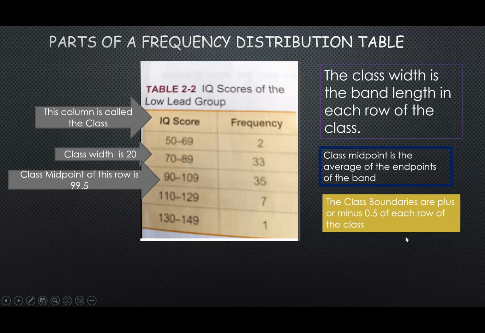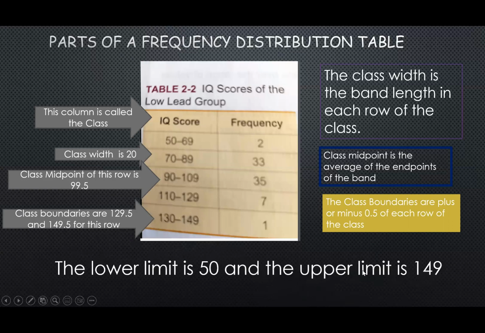But again, we need to know the terminologies as well as how to calculate them. So in this case, the class boundaries for this particular row are 129.5 and 149.5. And we say the lower limit is the smallest score, which is 50. The upper limit is the highest score, 149. So these are all things you're going to need to know for the problem set.